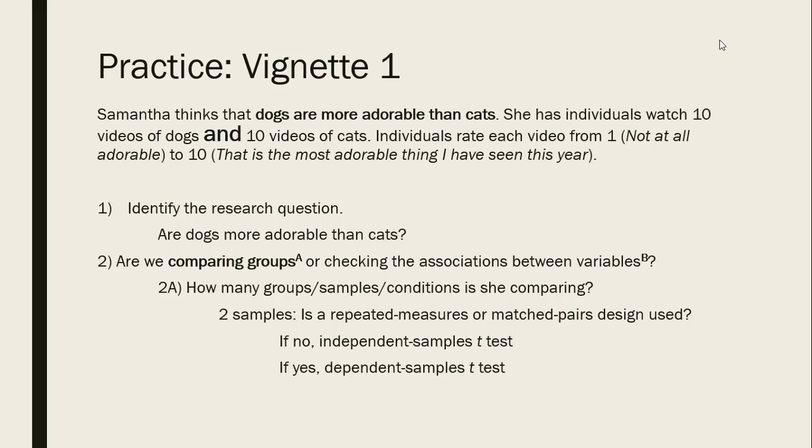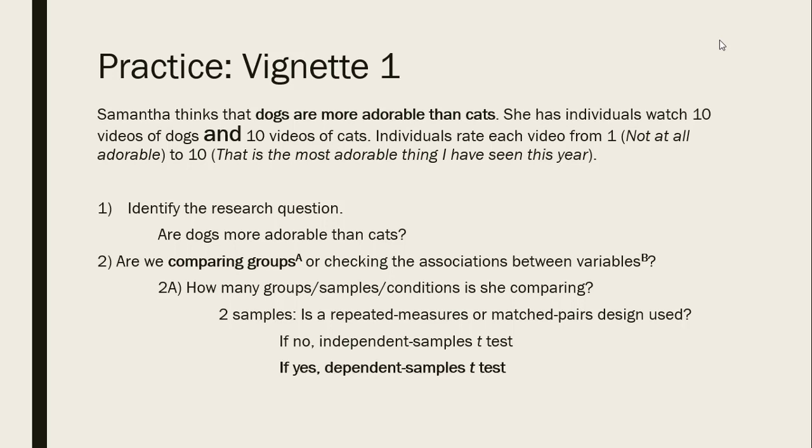It controls for the fact that some people just don't really like animals, and other people absolutely love basically any animal they touch, and it controls for that within our design. So because we have the same person rating both types of animal, this would be best for a dependent samples t-test.